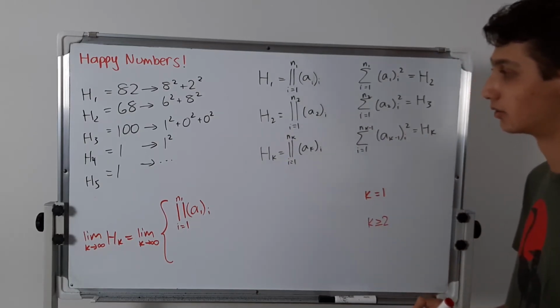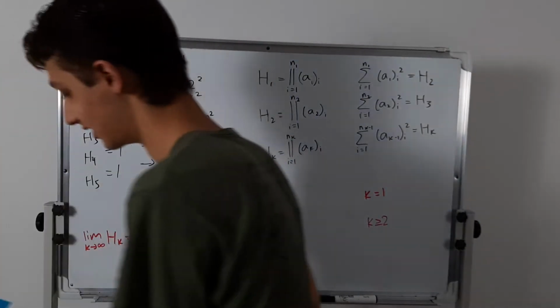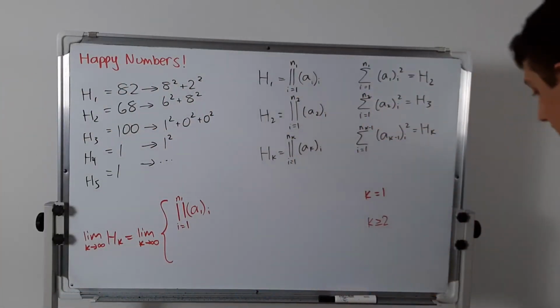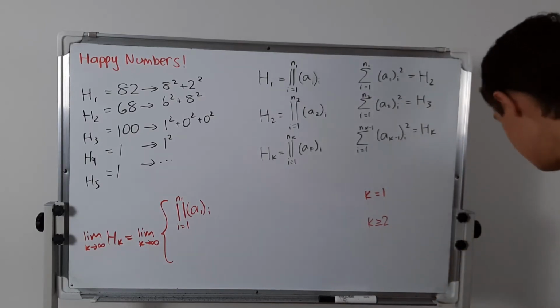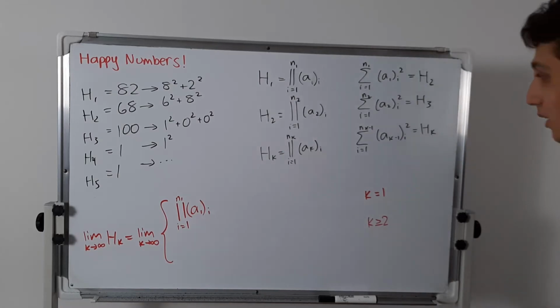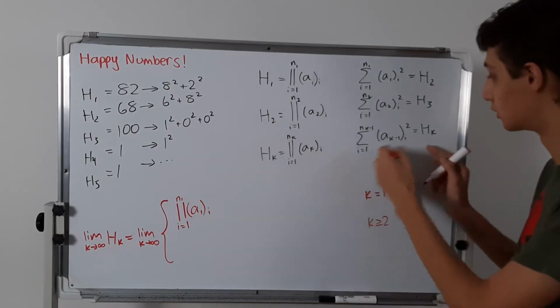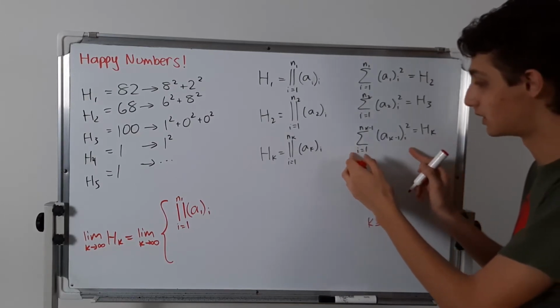So first off, let me just make sure I'm doing this right. Okay, so basically we're going to say this is the sum, right? And let me make sure the indexes are all right. So basically we're summing up, because we said this is equal to h sub k, so we're going to be summing these up.